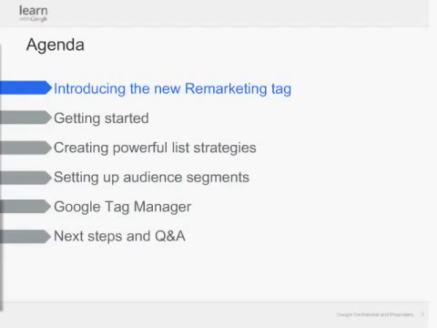The next is how you can then use that to set up audience segments to help hit your marketing goals better. And then we'll go into a little bit about Google Tag Manager, which is a brand new product that brings this all together. And then we'll get into next steps and some questions. So without further ado, we'll just get started.